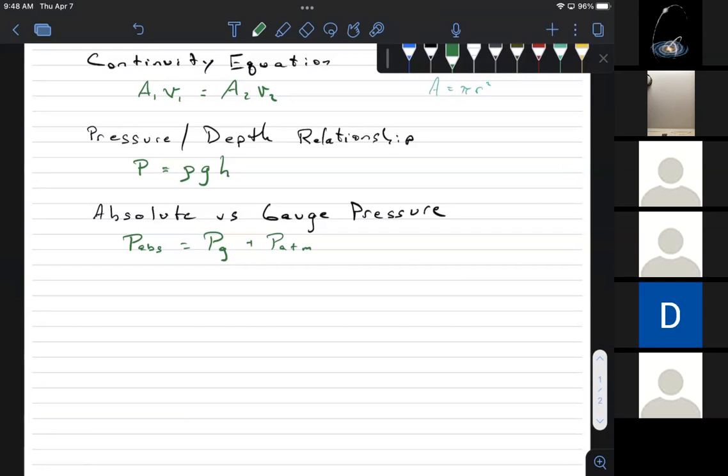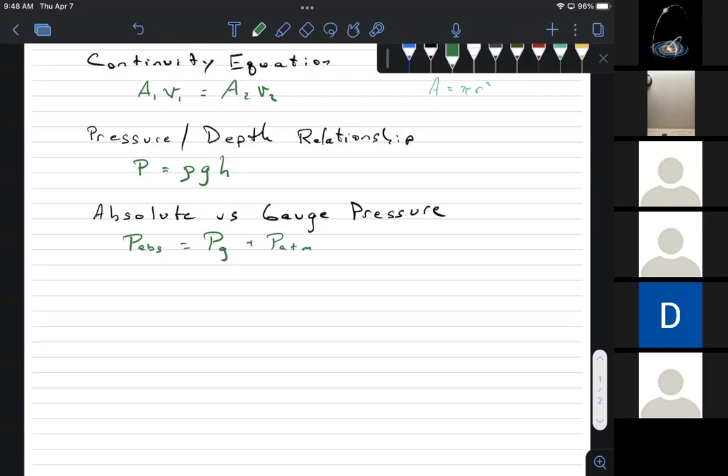Do you mean all the pressure that's being placed on the diver, or only the amount of pressure more than they normally feel since now they're underwater? Well, the total pressure felt by the diver is what's called the absolute pressure. And that is, the diver always feels atmospheric pressure because it's on Earth and the atmosphere pushes on you. But now he's also underwater, so you have to add in the effect of the water.